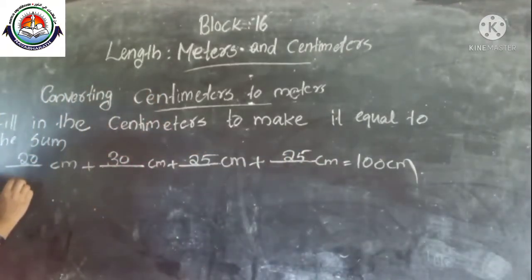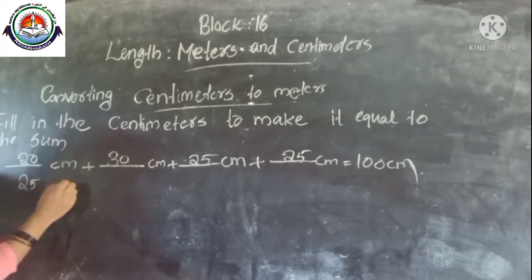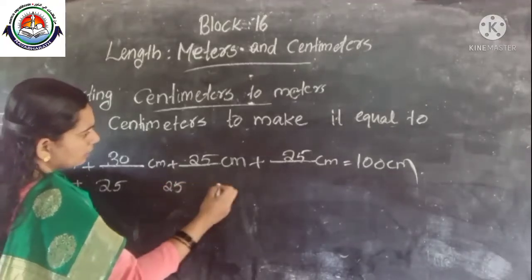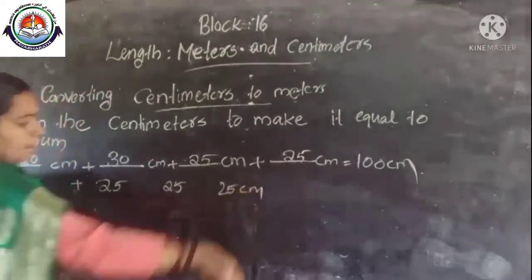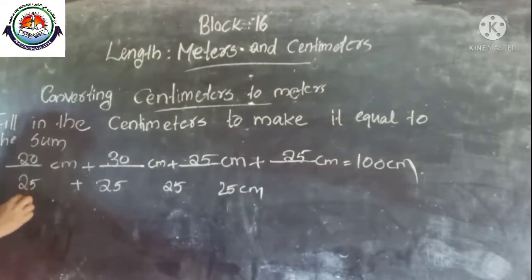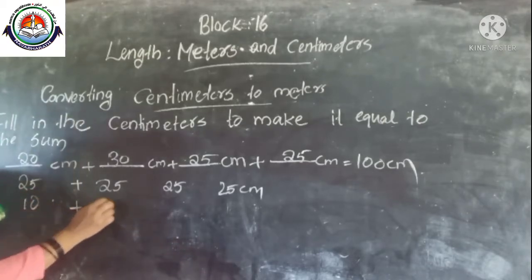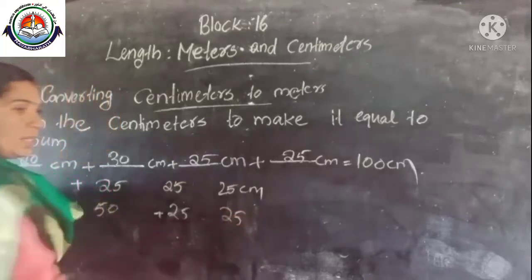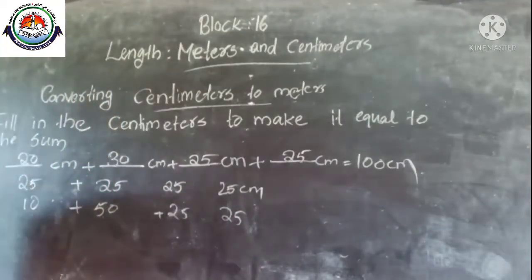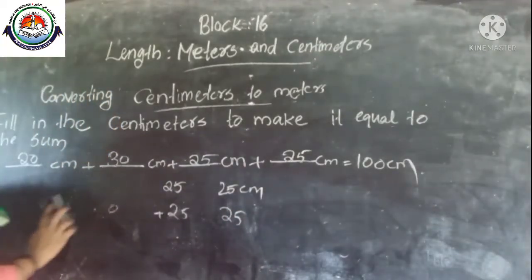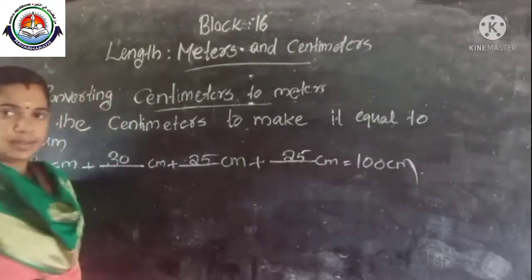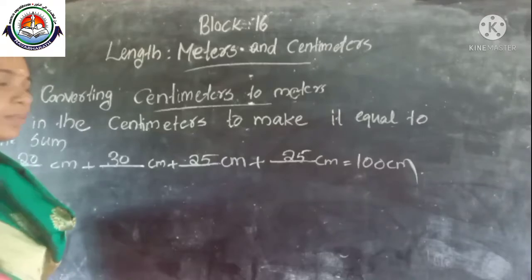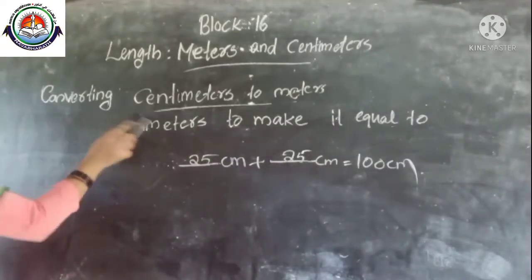Another method: you can write 25 plus 25 plus 25 plus 25 centimeter. Another method: 10 plus 50 plus 25 plus 25 centimeters. You can choose your own way. Clear? So in total we needed 100 centimeter.